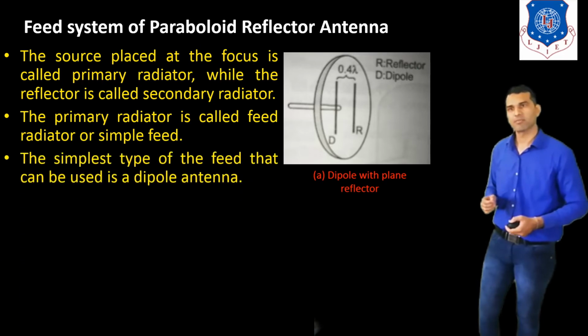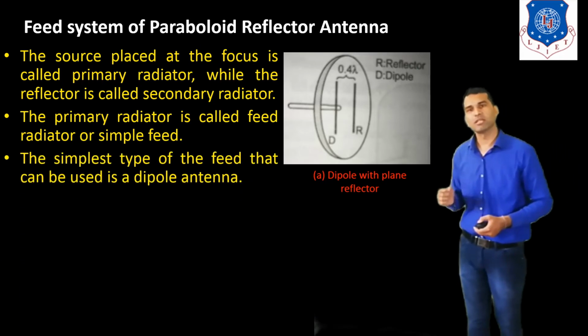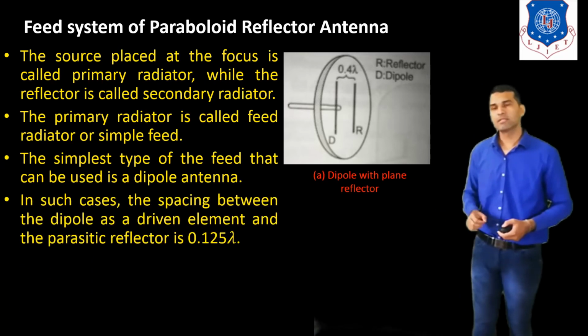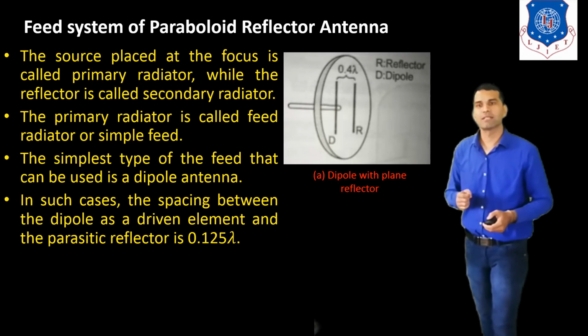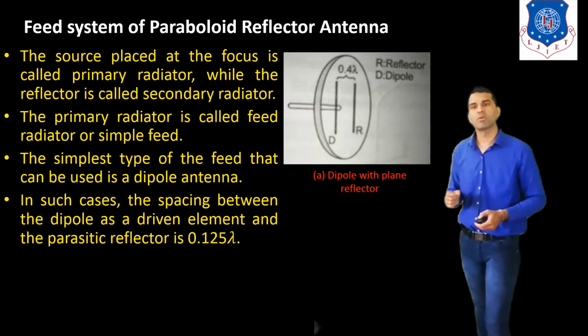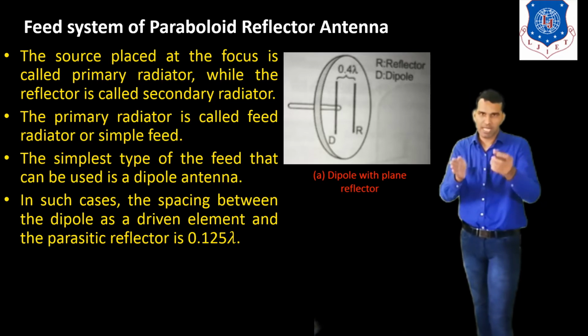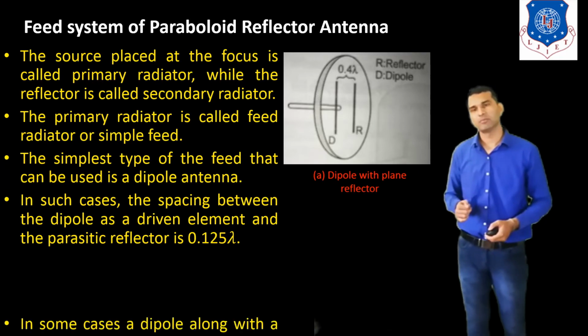The simplest type of feed that can be used is a dipole antenna. In such a case, the spacing between the dipole, as the driven element, and the parasitic reflector is 0.125 λ. That means the spacing between the primary and secondary antenna is 0.125 λ.